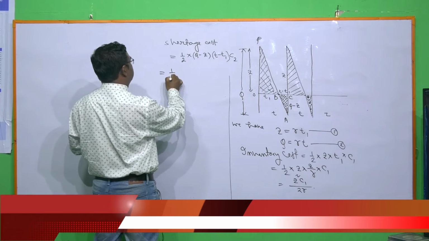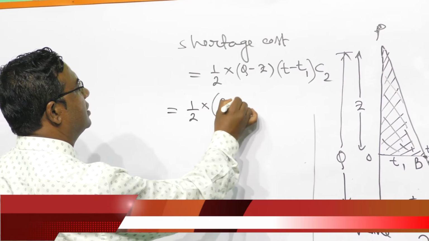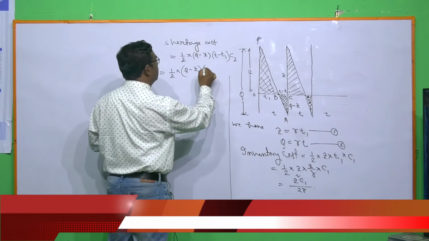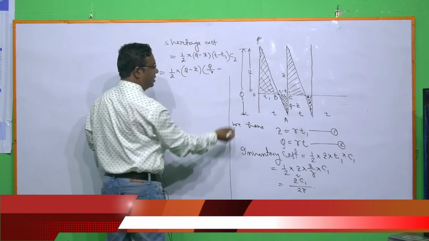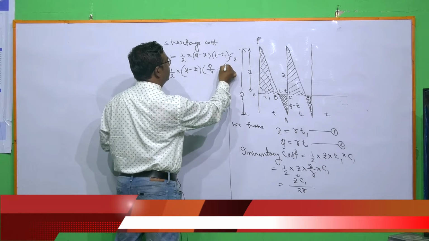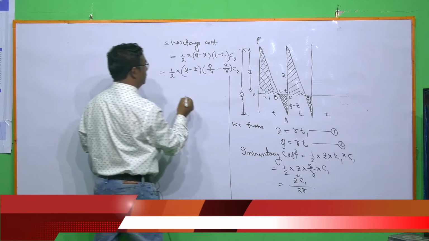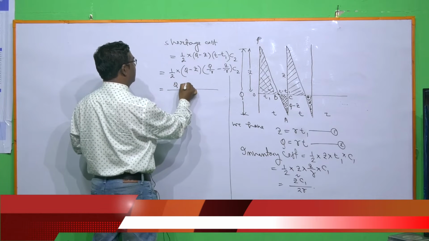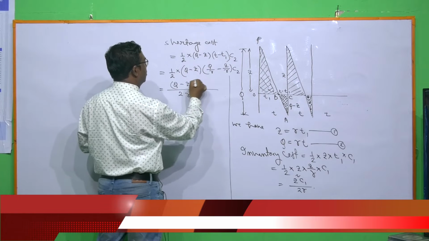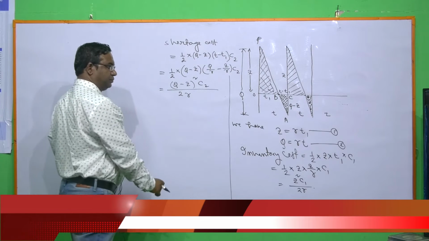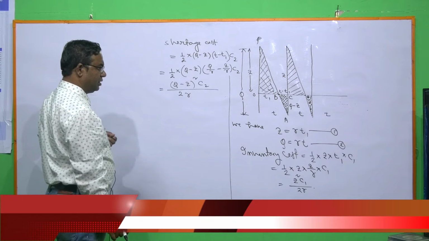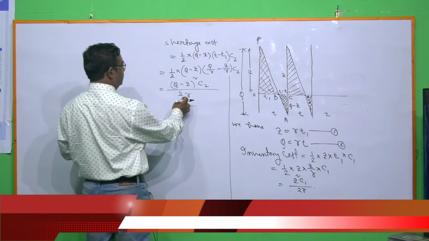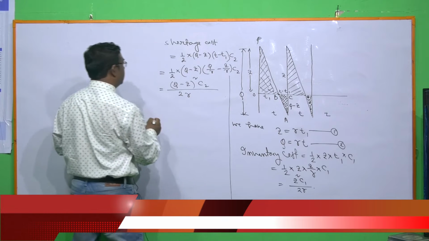This is equal to half Q minus Z into T, where T means Q by R, and T1 means Z by R, into C2. So this is Q minus Z whole square C2 by 2R. This is the shortage cost.